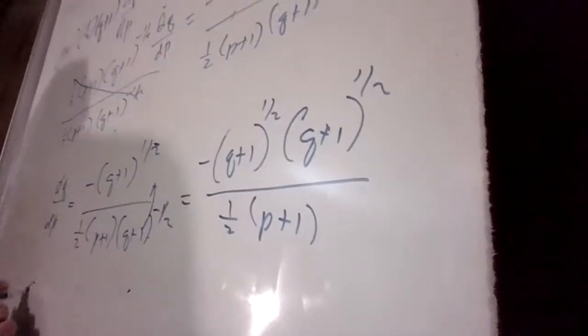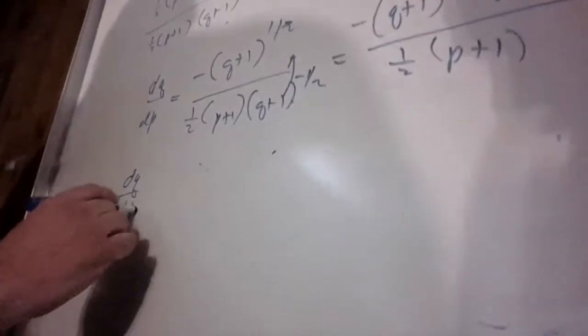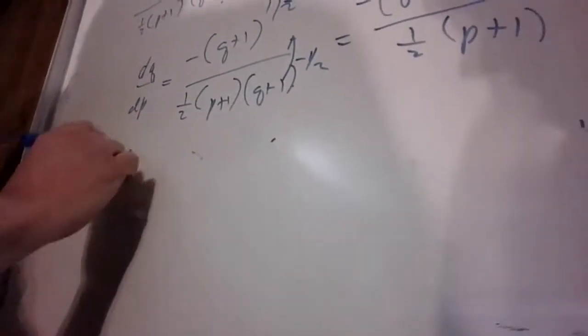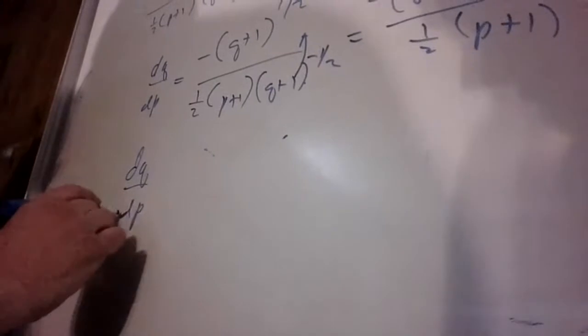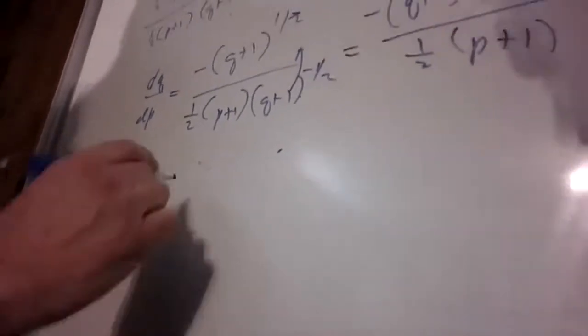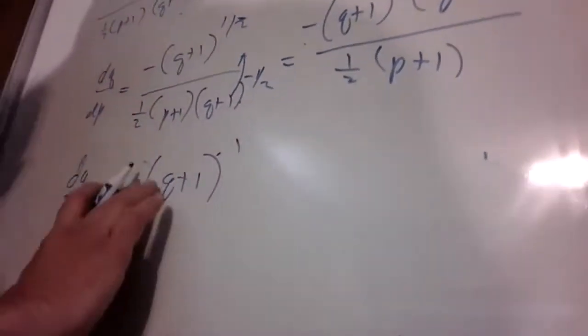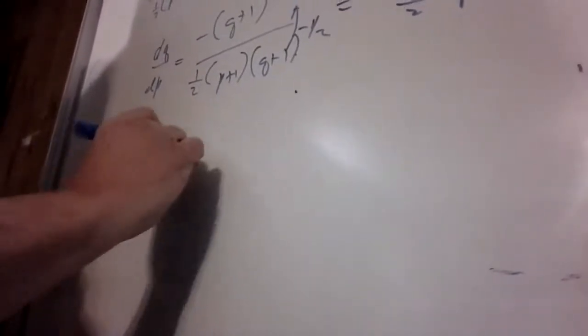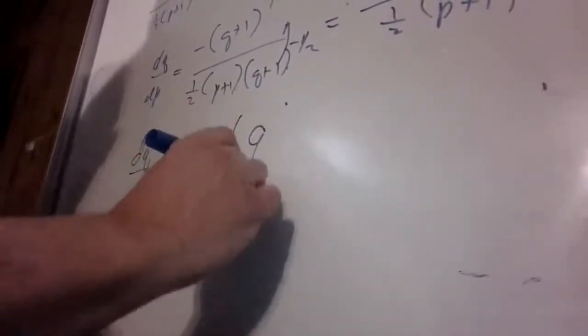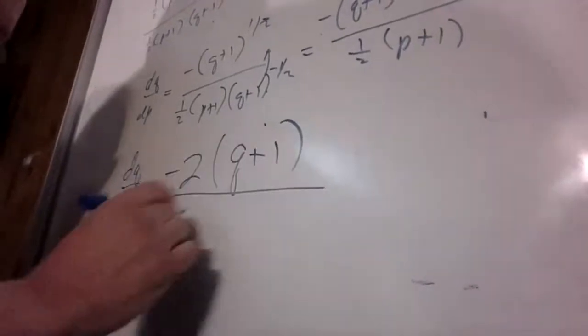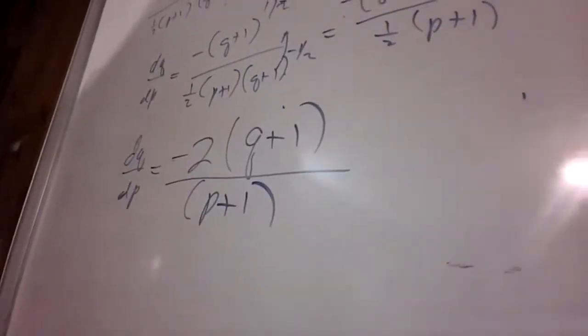That's 1. So this comes out to something a little bit easier. Equals minus Q plus 1 to the 1. And if I divide 1 by 1/2, the 2 will come up here. Minus 2 times Q plus 1 over P plus 1. That's a lot easier to handle.